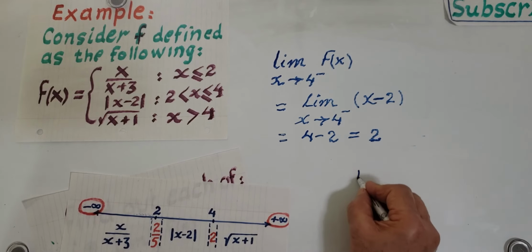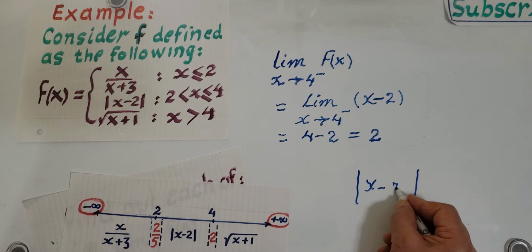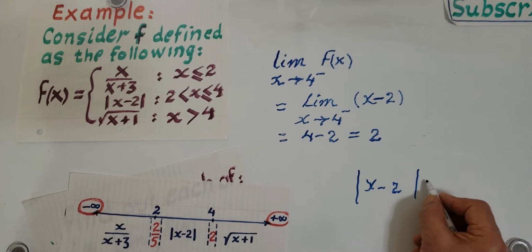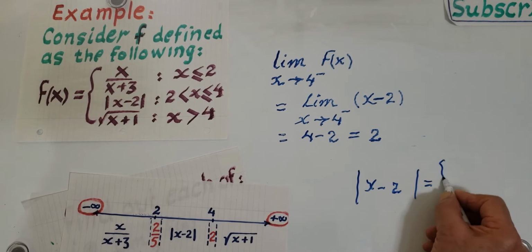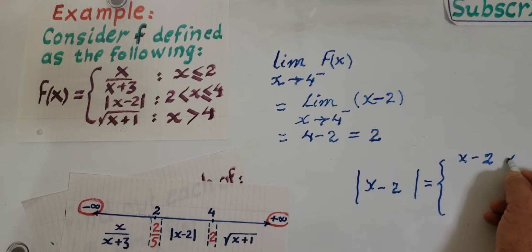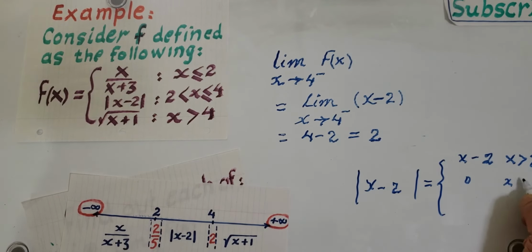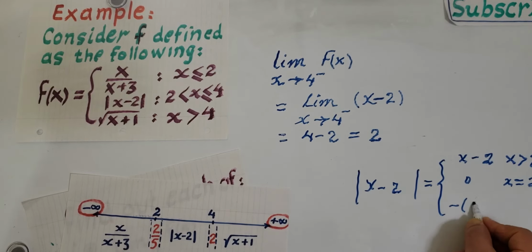As you know, the absolute value of x minus 2 is defined by 3 cases: x minus 2 when x is greater than 2, or 0 when x is equal to 2, or negative x minus 2 when x is less than 2.